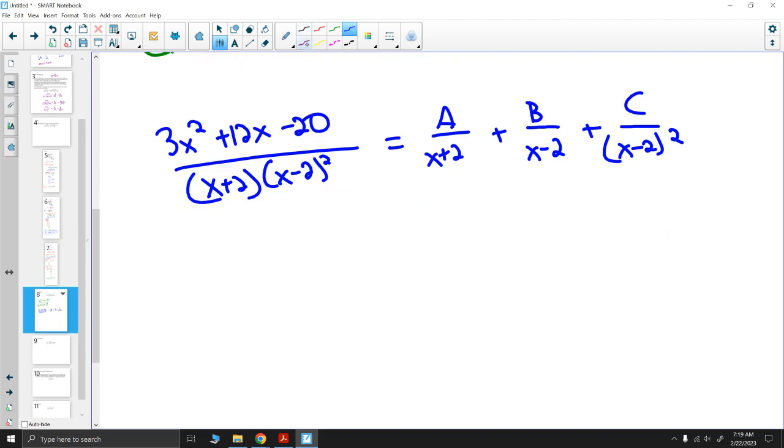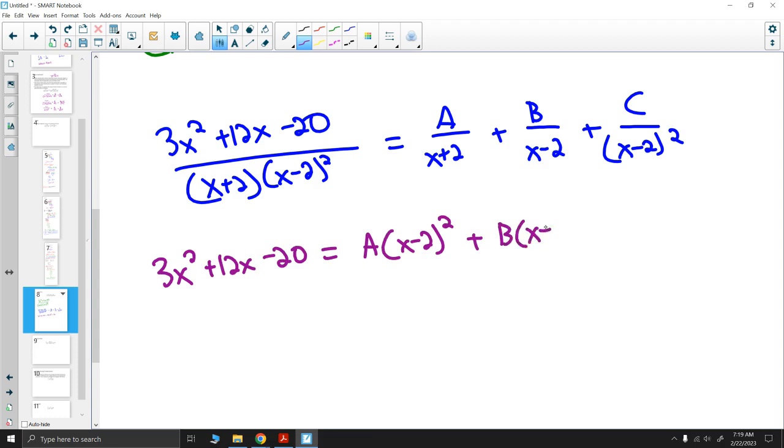So if we multiply everything by our x plus 2, x minus 2 squared, we get 3x squared plus 12x minus 20 equals a times x minus 2 squared plus b times x plus 2, x minus 2 plus c times x plus 2.